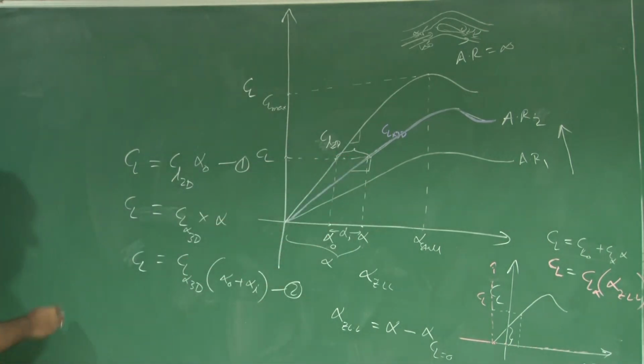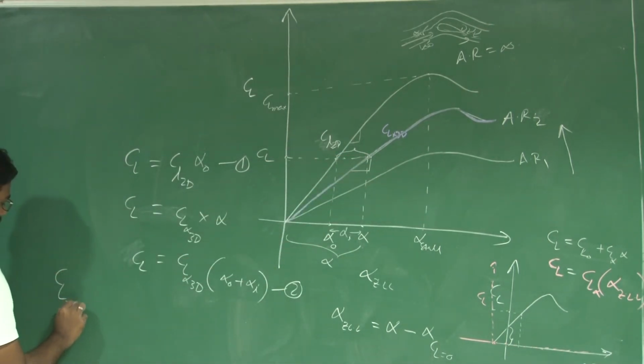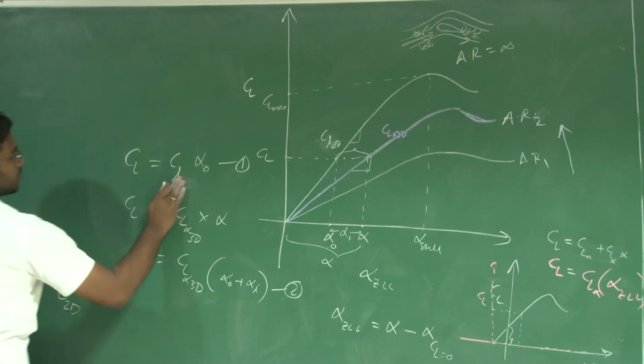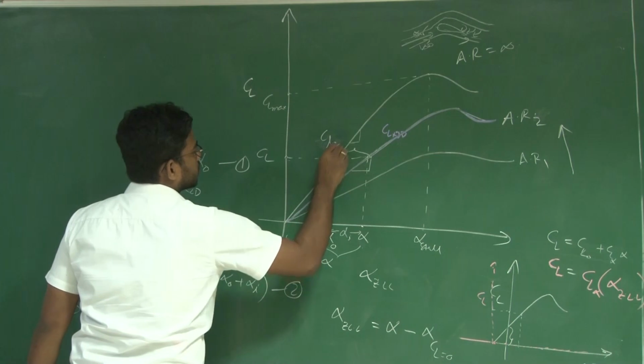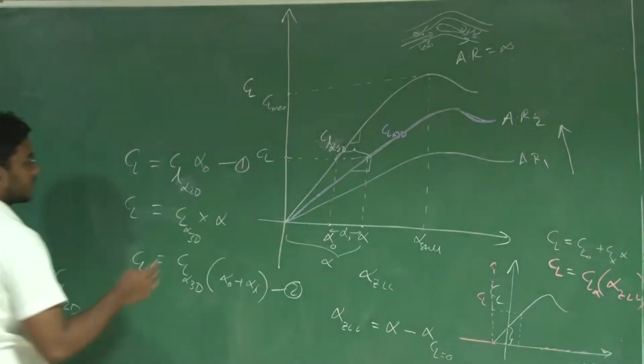Right? So CL 2D, CL alpha 2D. Here it is CL alpha 2D, please make a correction.